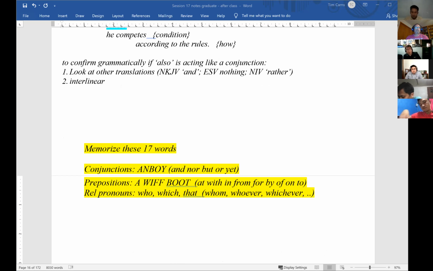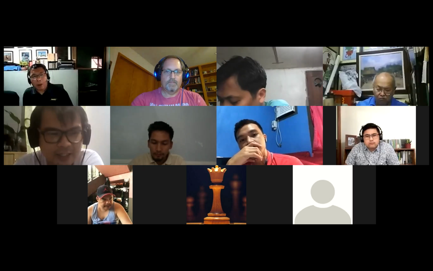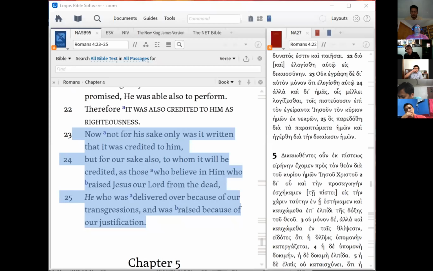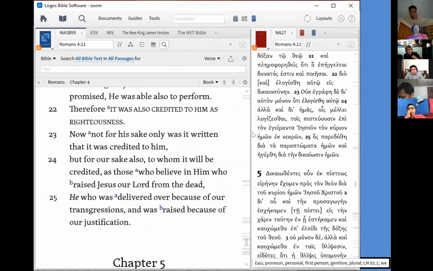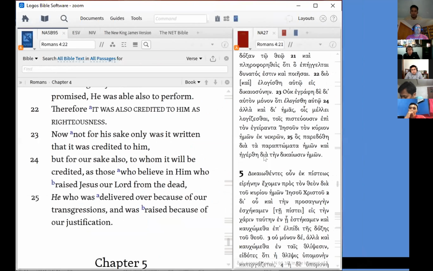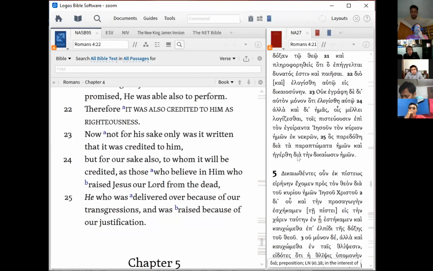But the NASB translates the word "for" as "because." I looked it up in the interlinear. It is a preposition, but "because" is a conjunction, right? So the NASB translates it as a conjunction. And I think the meaning is really changed.